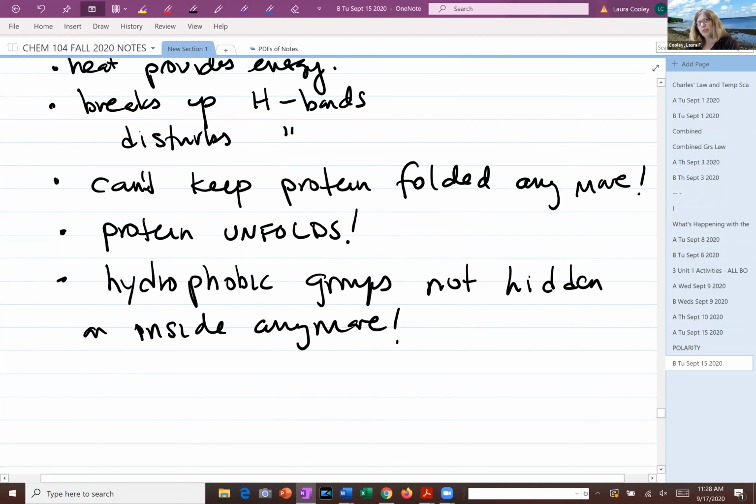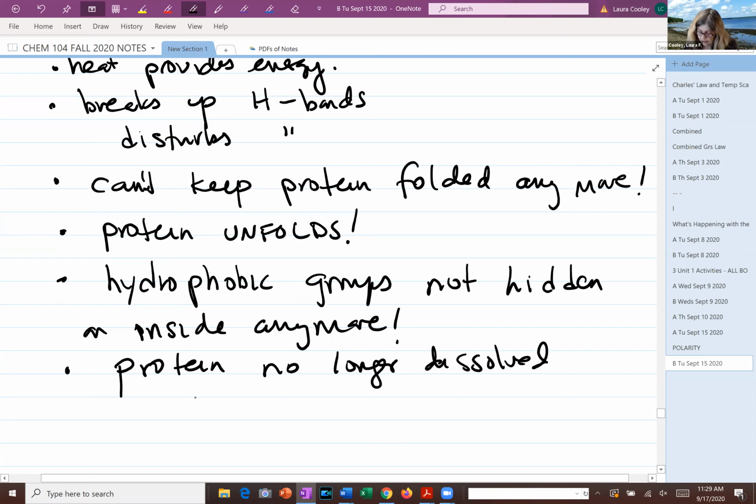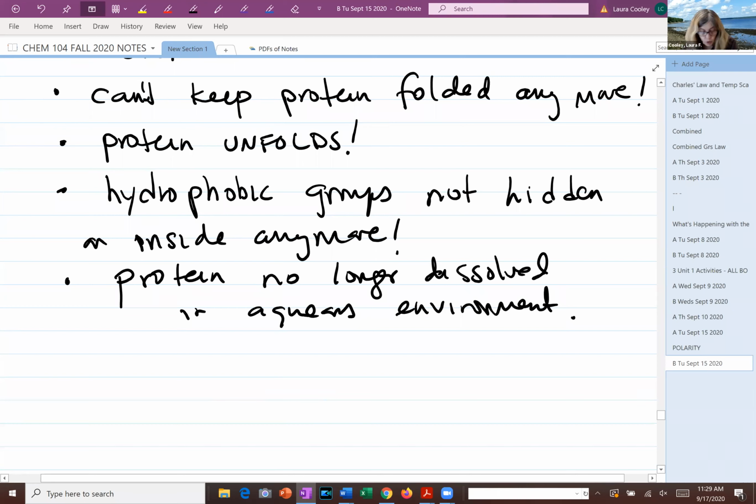And so the protein drops out of solution. It's no longer dissolved in an aqueous environment. In other words, water. Okay, it's no longer soluble in water. And so you get this solid looking egg white that isn't going to redissolve no matter what you try.